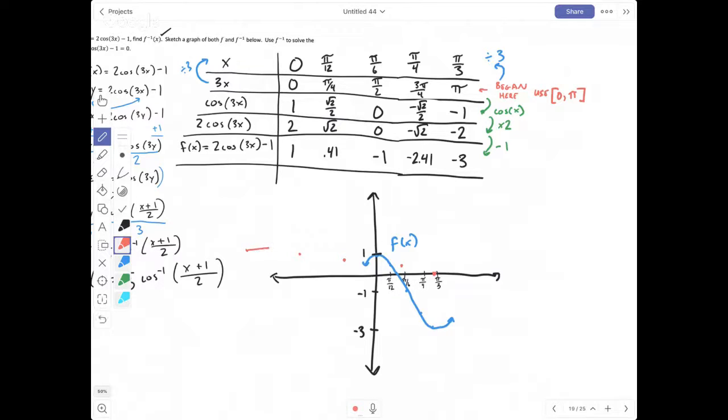So this isn't particularly good because my scale is a little funky, but it looks something like that.